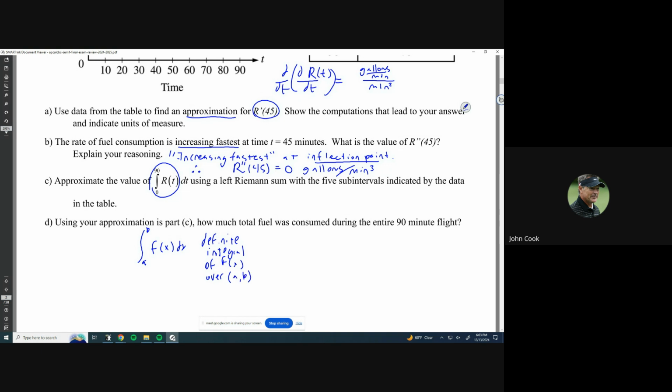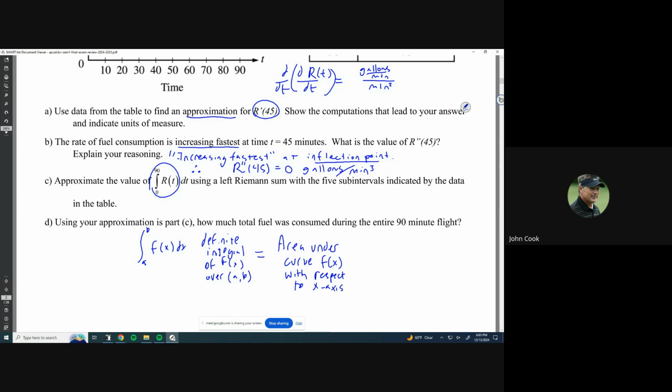So this symbol, that's what it means, definite integral of f of x from a to b. And another way that you could see it described is as the area under the curve of the function f of x with respect to the x-axis in this case.